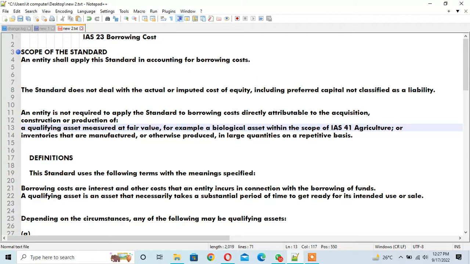An entity is not required to apply the standard to borrowing costs directly attributable to the acquisition, construction, or production of a qualifying asset measured at fair value, for example, a biological asset within the scope of IAS 41 Agriculture. IAS 41 is also present in my channel. I have made one video in a very elaborated form about agriculture, and also inventories that are manufactured or otherwise produced in large quantities on a repetitive basis.